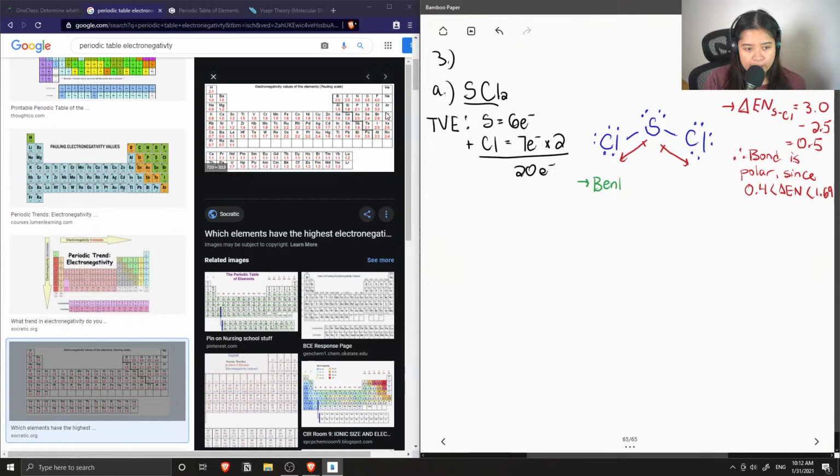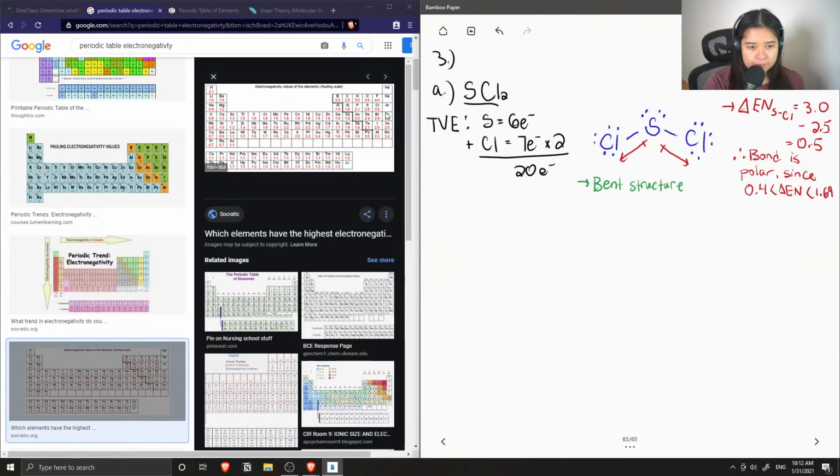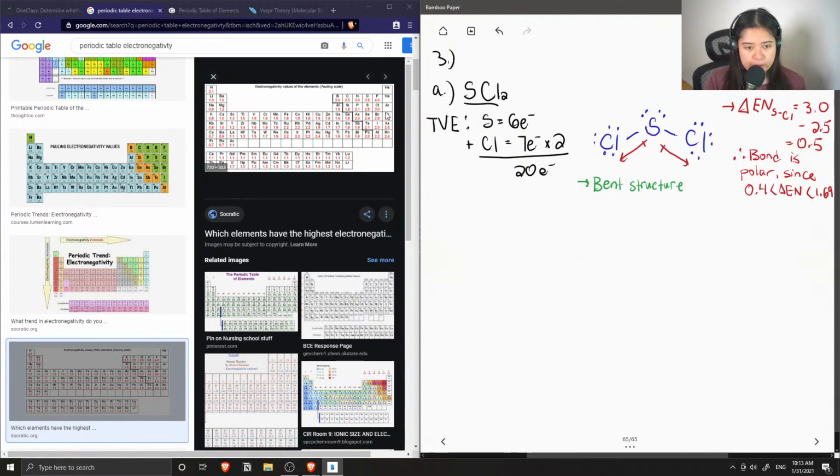So we have a bent structure, and it's due to the 2 lone pairs that are on our central sulfur atom. So since we have a bent structure, our dipole moments don't cancel out. So therefore, this molecule is also polar.